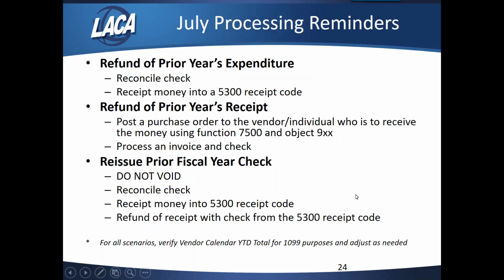And then we will not have another accounting roundtable before July, so we have this slide in here for you, just to remind you that once you roll into July, if you need to refund a prior year expenditure, you would have to reconcile that FY20 check, receipt the money into a 5300 receipt code.